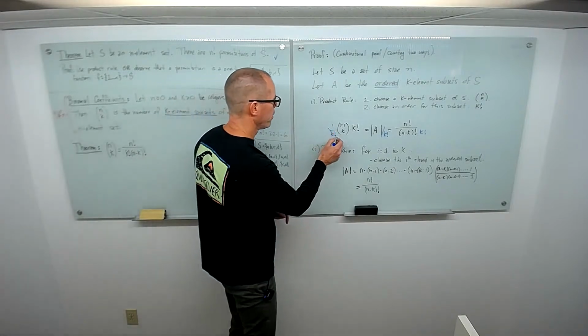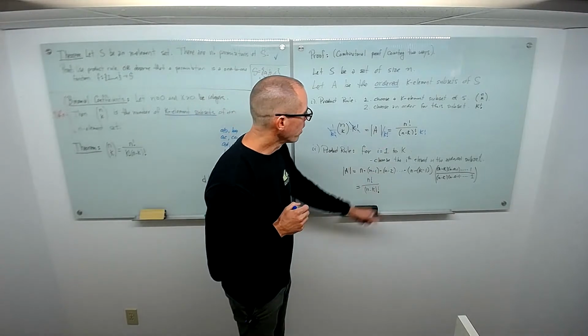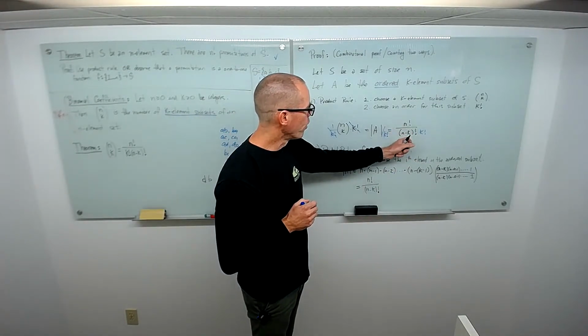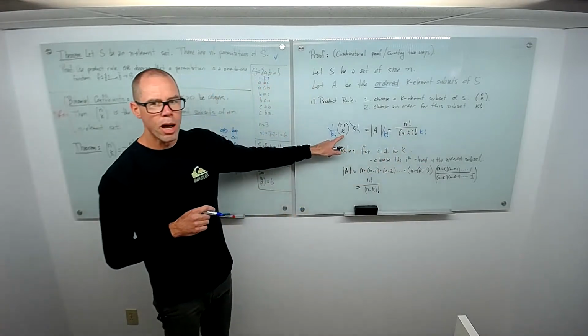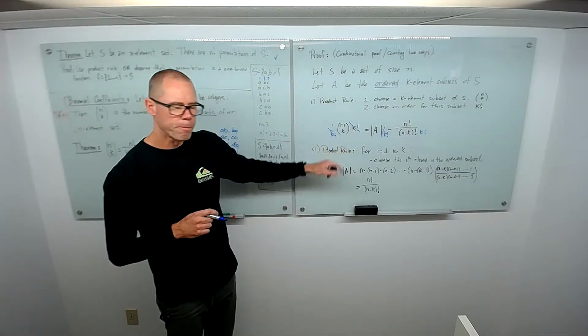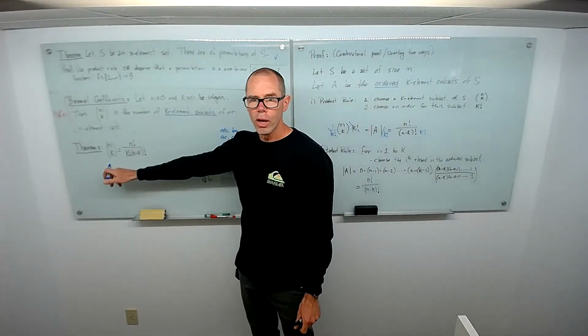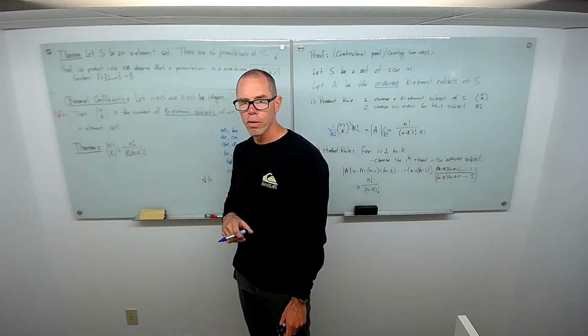This and this cancel out. We don't care what's in the middle here. But over on the right-hand side, we have n factorial over n minus k factorial, and on the left-hand side, we only have n choose k, which is exactly what we were trying to prove. N choose k is equal to n factorial over k factorial, n minus k factorial.